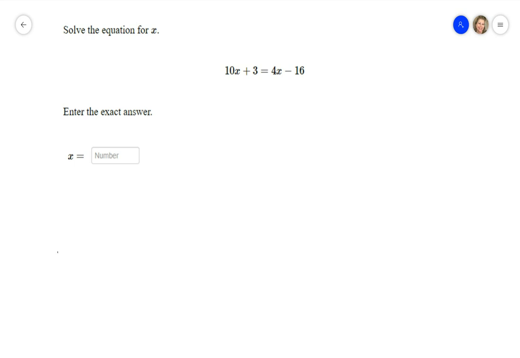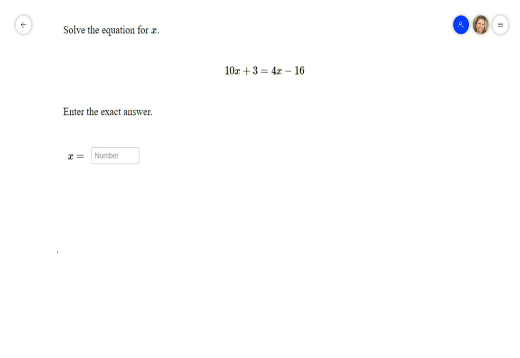Now remember, you want to have just x on one side and just a number on the other. Right now, I've got a 10x on the left and a 4x on the right. One of those two terms has got to go. You can get rid of either one, but since most people like their x's on the left, I'm going to get rid of the x on the right.